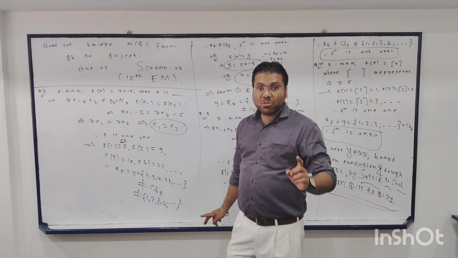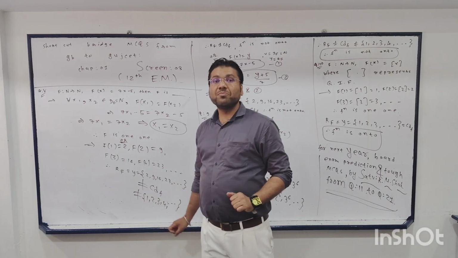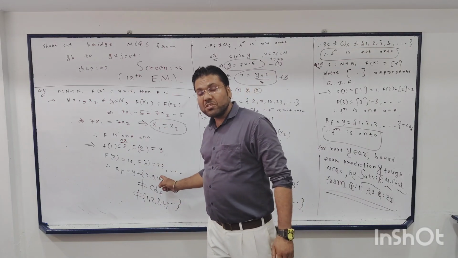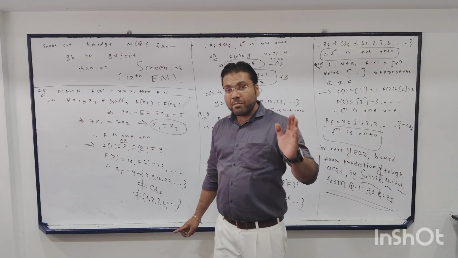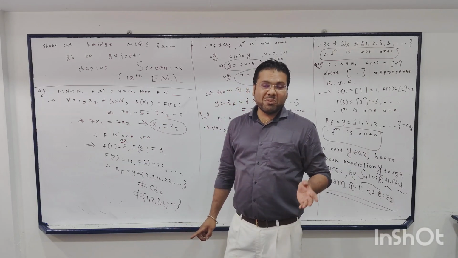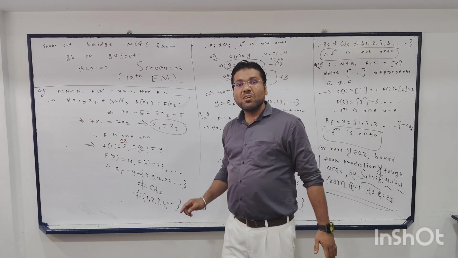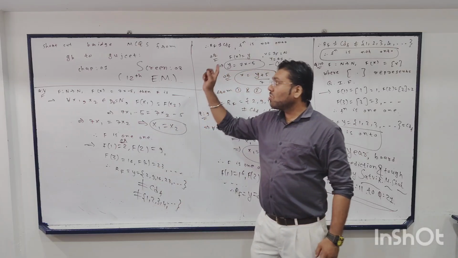So the function is not onto, because for an onto function each and every element in the range should be equal to, friends, the codomain. So here the function is not onto.